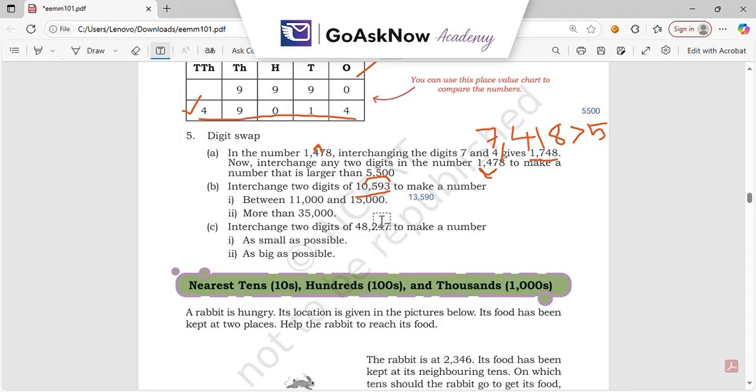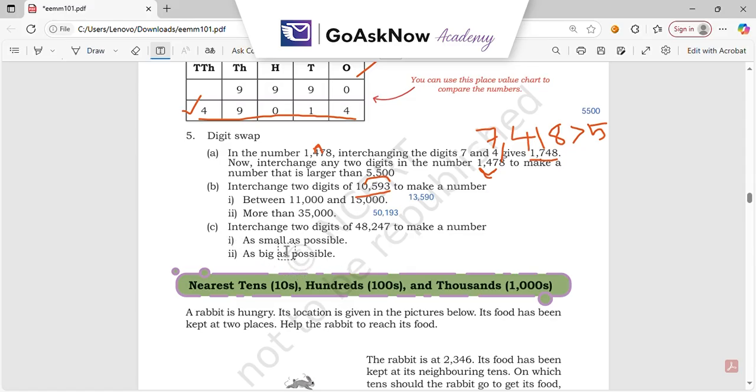We can swap 5 and 1, which gives 50,193, which is more than 35,000.